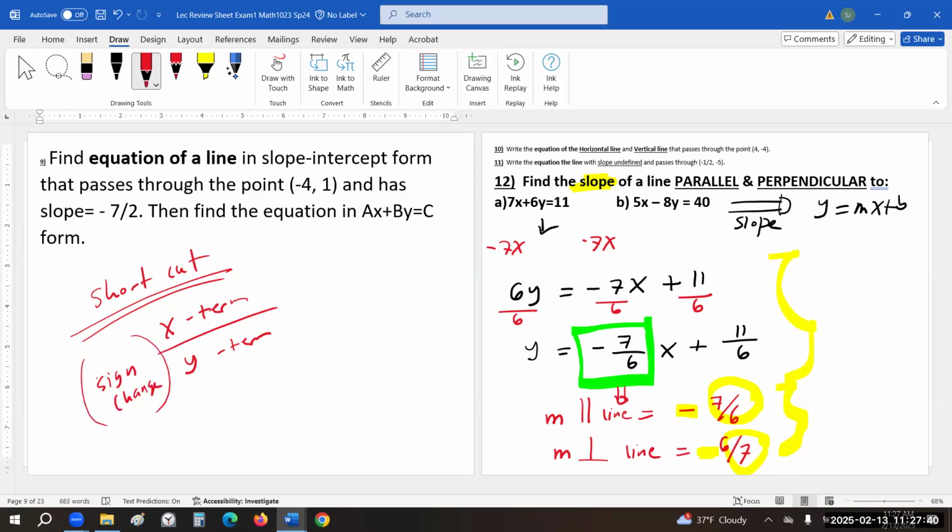So you're going to change the sign and then x coefficient over y coefficient. For example, x coefficient is 6, y coefficient is 7. 6 over 7, but then you have to change the sign, which is minus. So this is the slope.